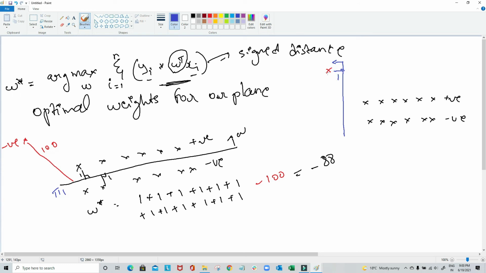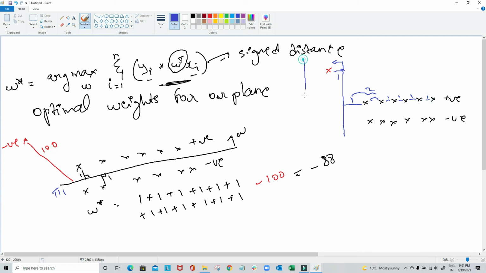The outlier point is 1 unit away from the plane, and the distance from the plane to the positive point is 1 unit, and the subsequent distance is 1 unit. So this part will become 2, this part will become 3, like that. This 1 unit, this 1 unit, this 1 unit, this 1 unit.